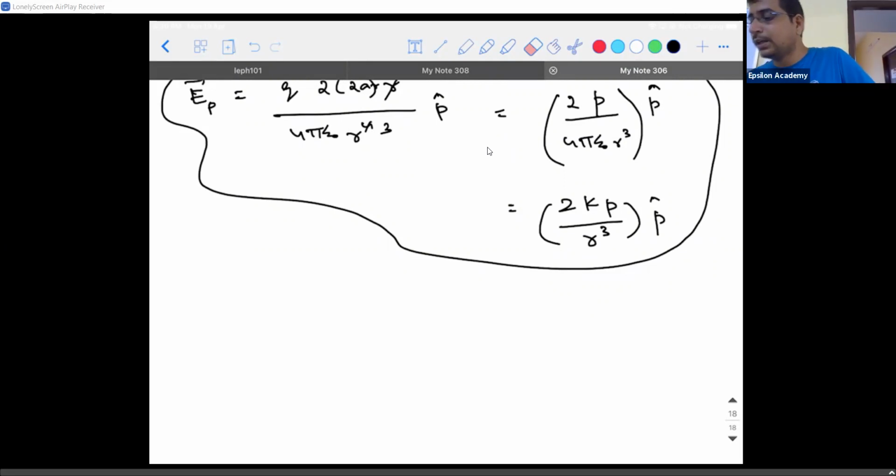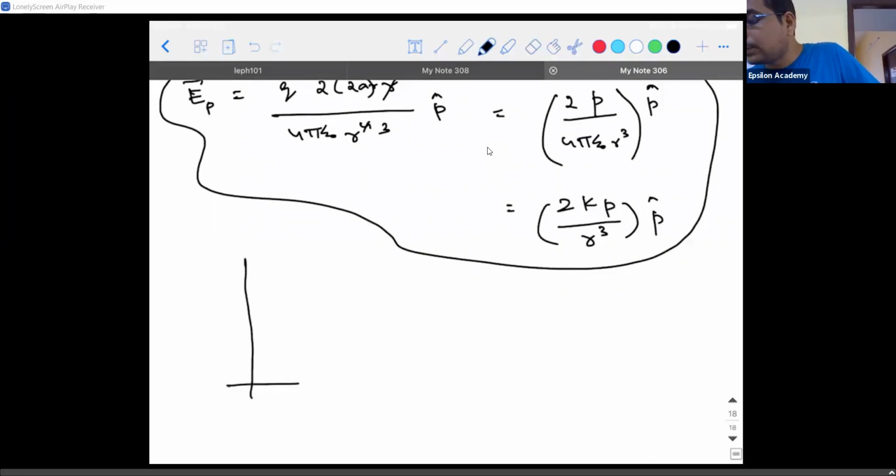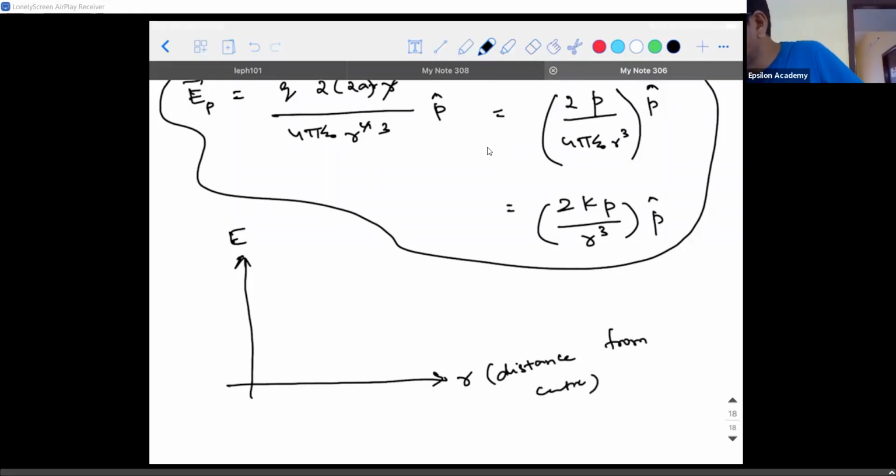If they ask you to draw the graph between electric field at axial point as a function of distance from the center, where r is the distance from center, what is the relation between these two? E is inversely proportional to R cube. So it will neither touch the y-axis nor the x-axis. It will be a graph which is continuously decreasing like this.